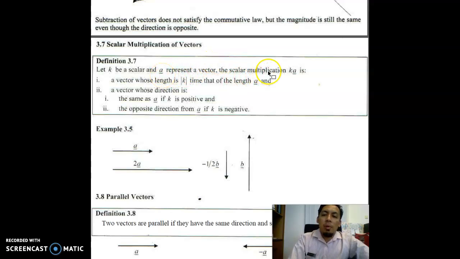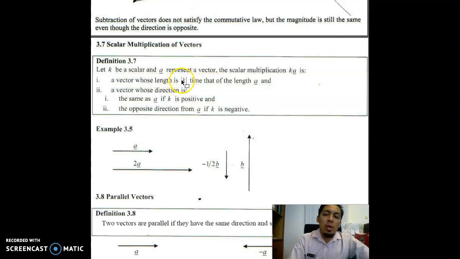The scalar multiplication k times a will result in a vector whose length is k times the length of a. Meaning that when you multiply, the length of this vector will be multiplied depending on this value.